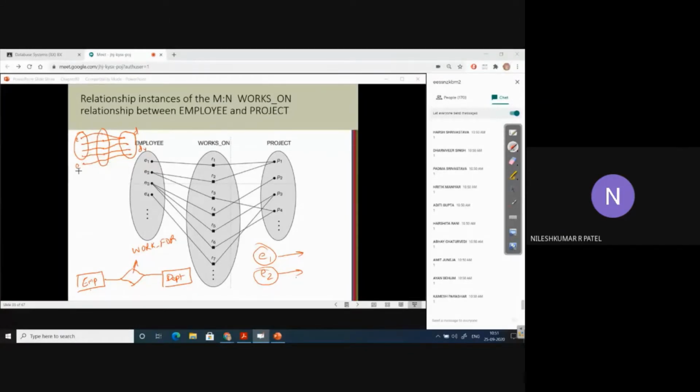So tell me, by this diagram, what type of cardinality ratio does this entity relationship have? Please try to give an answer. Maybe wrong, maybe right, but this is for the sake of understanding, right? N and M, both are the same in this case.